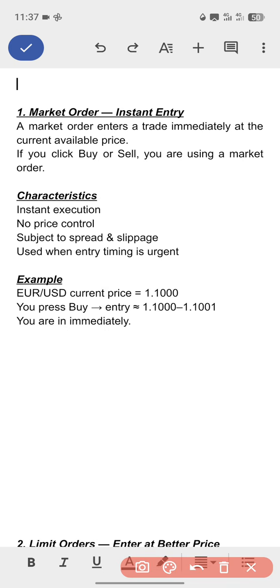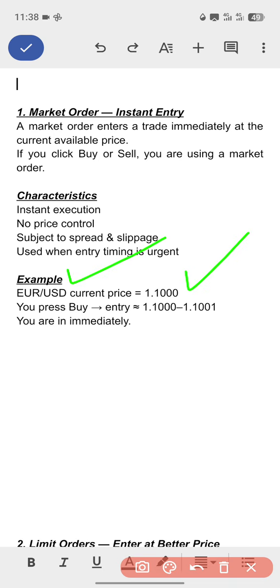Now, for this example, let's say you are trading on the euro US dollar currency pair. The current price is 1.1.